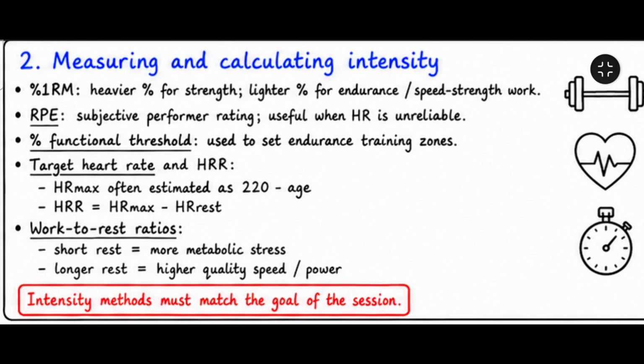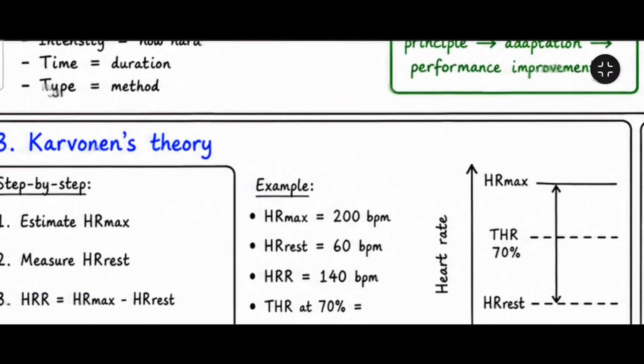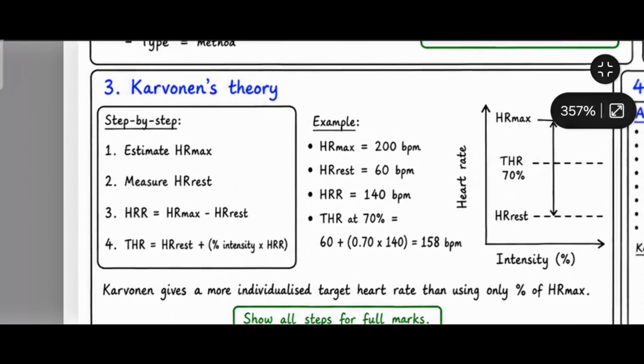Now let's look at Karvonen's theory, which helps to measure target heart rate using heart rate recovery. Karvonen is like the cleanest exam method because it's very personalized to the performer, and we're going to see why.